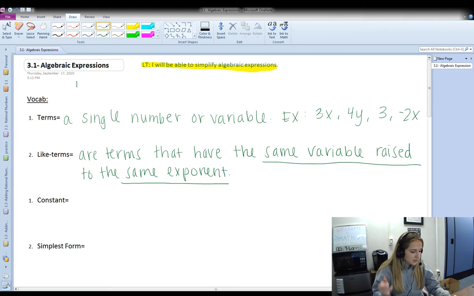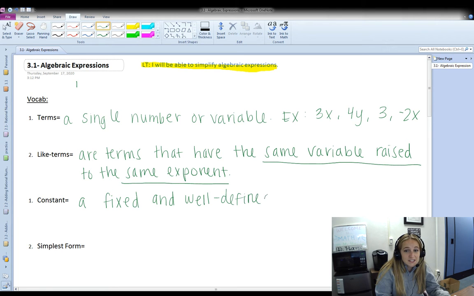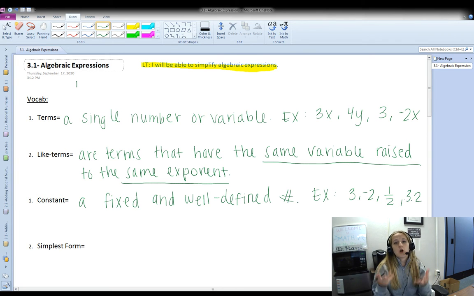Then a constant. A constant is a fixed and well-defined number. Essentially, a constant just doesn't have a variable on it, okay? So examples of this could be 3, it could be negative 2, it could be 1/2, it could be 3.2. Those are ideas of constants. They're essentially just a number.